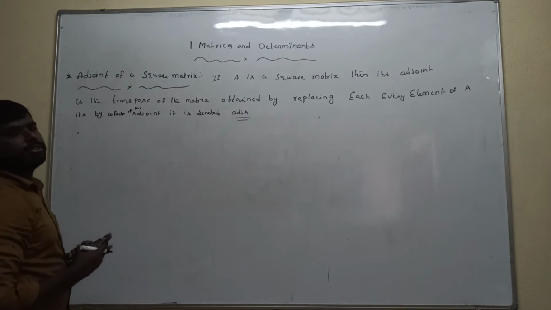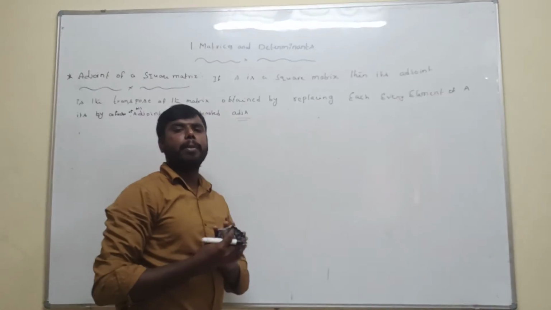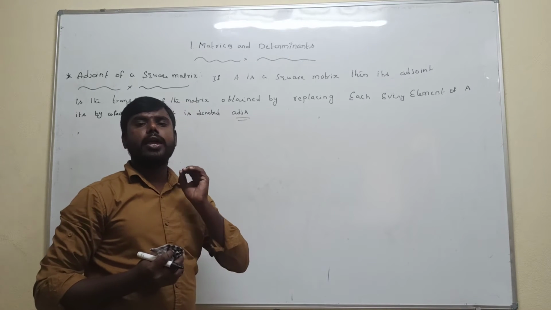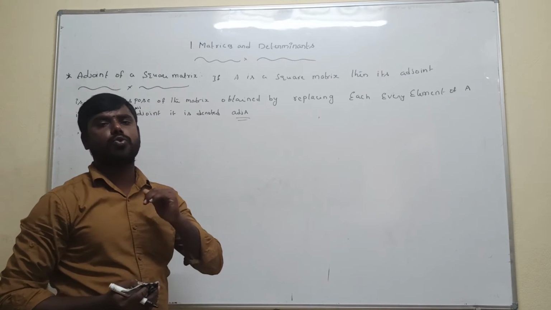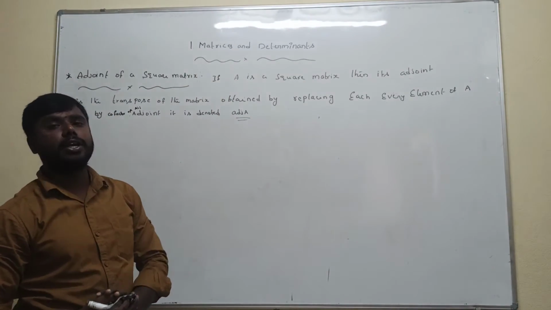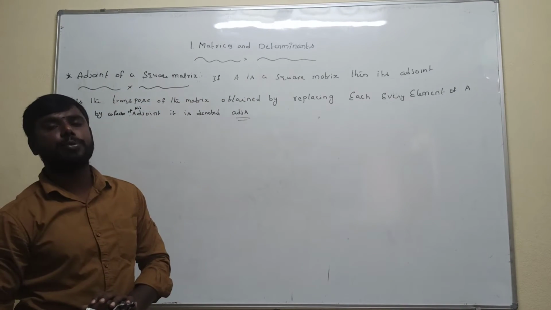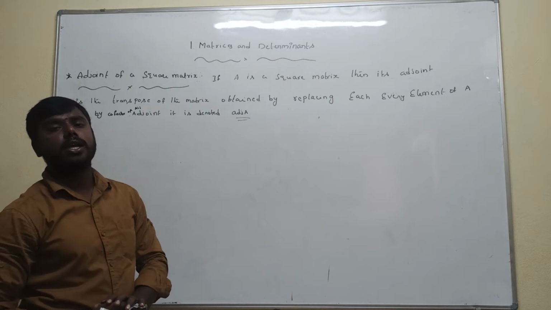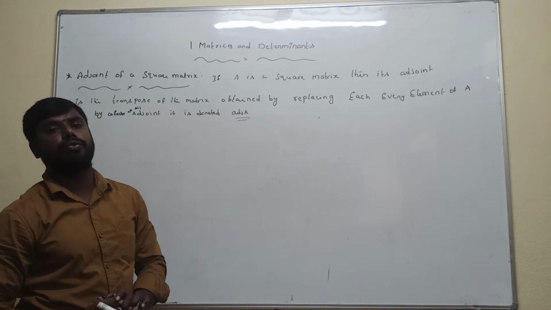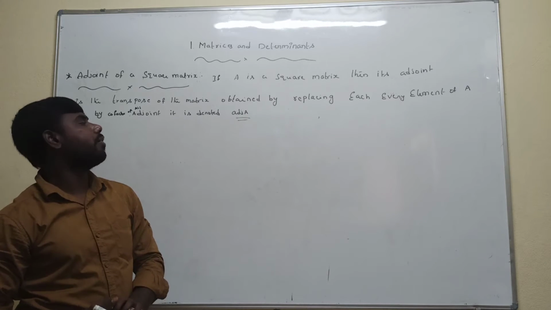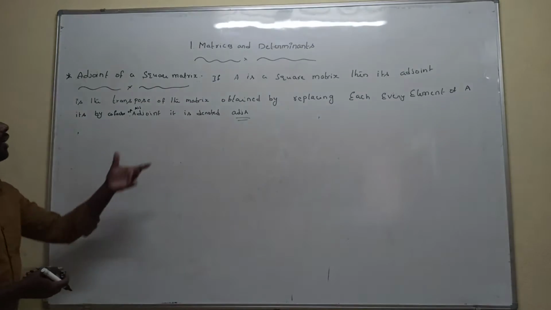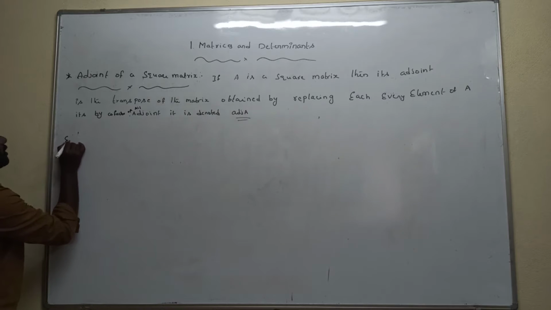What is the definition of the adjoint of a matrix? If A is a square matrix, then its adjoint is the transpose of the matrix obtained by replacing each element Aij with the cofactor of Aij. So according to the definition, see the example.